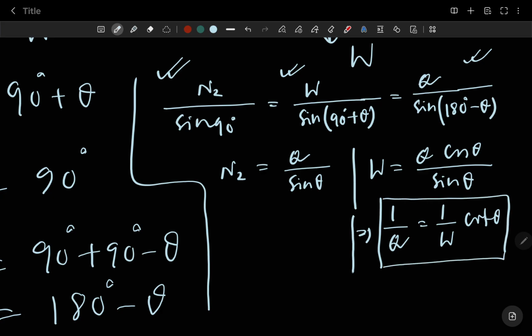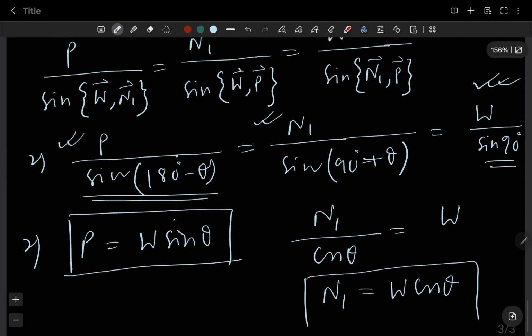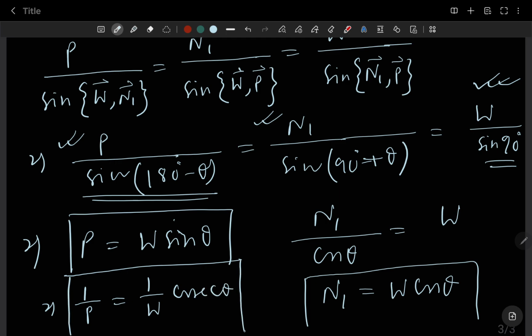Okay, so you see again here 1 by P is 1 by W cosec theta. So call this equation 1 and call this equation 2.